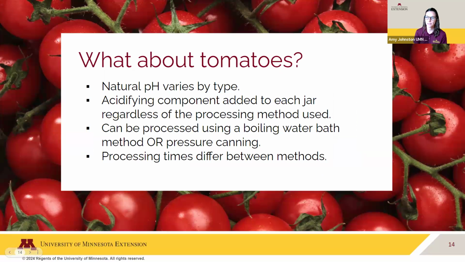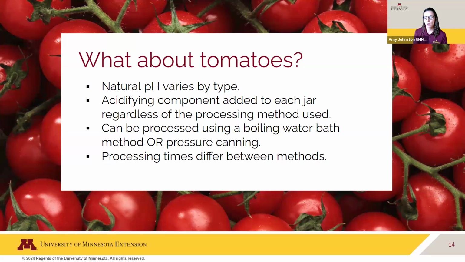So what about tomatoes? We talked about tomatoes a little bit in the July webinar, because when we're canning tomatoes, whether we're using a boiling water bath or a steam canner or a pressure canner, tomatoes always need to be acidified. The pH of tomatoes varies naturally depending on the type and growing conditions and its ripeness and a lot of other factors.